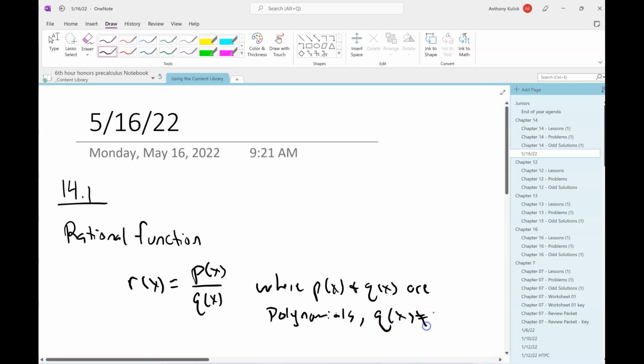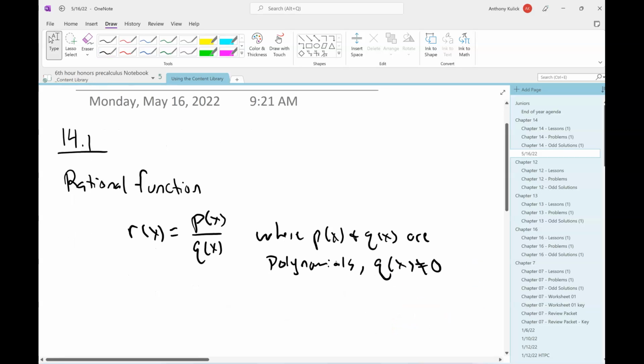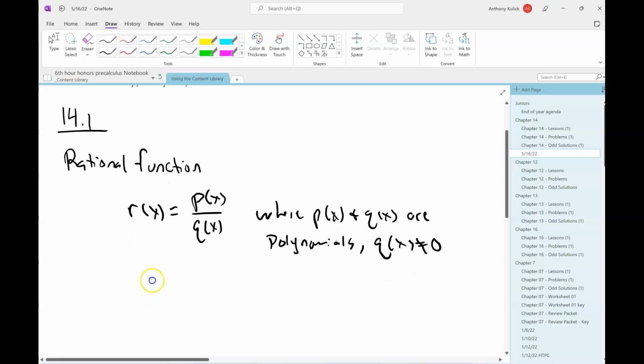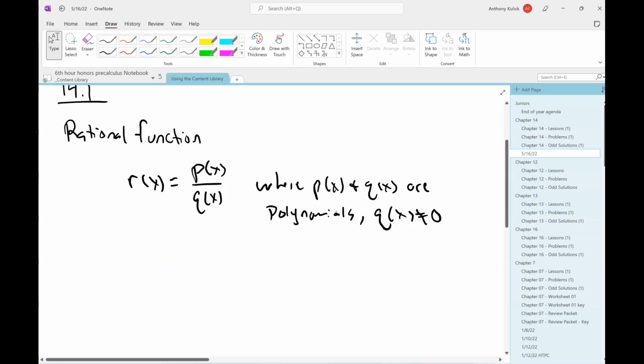And obviously q of x is not the zero polynomial. Why can't q of x be the zero polynomial? Can't divide by 0.